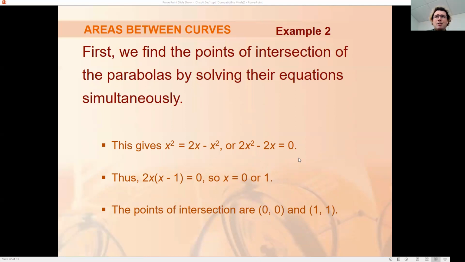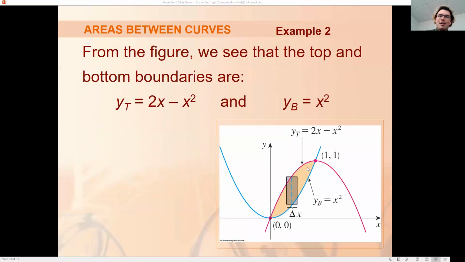And if the functions are overlapping at x coordinate 0 and at x coordinate 1, why then they must be sharing y coordinate 0 and y coordinate 1. How did I get those y coordinates? I just put my x coordinates back into the function. So here is that picture I was promising.